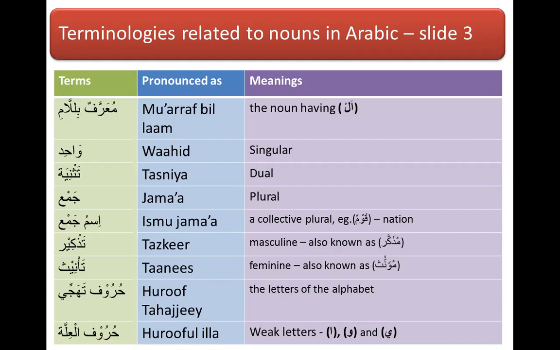Hurufu Tahajji. The letters of the alphabet are called as Hurufu Tahajji. Huruful Illah. Weak letters such as Alif, Waw and Ya are called as Huruful Illah.